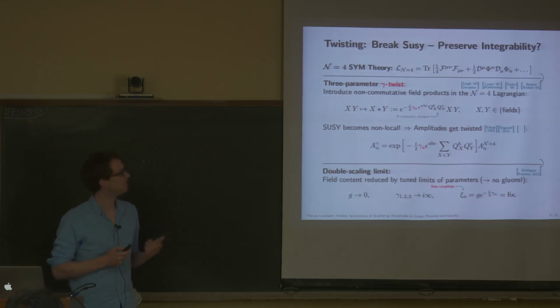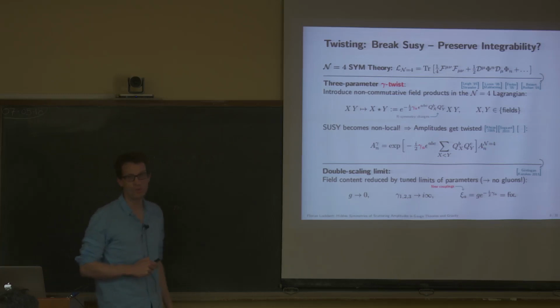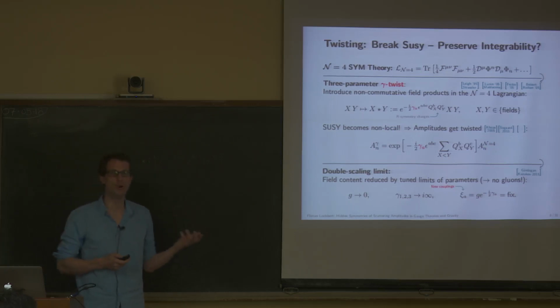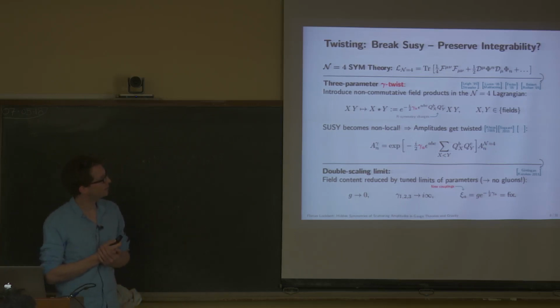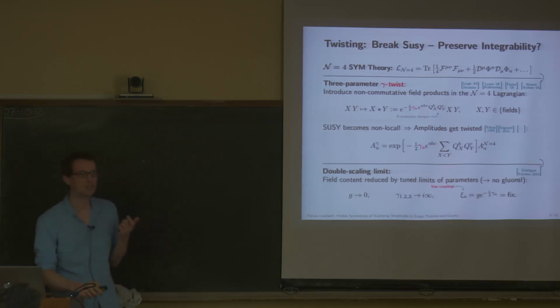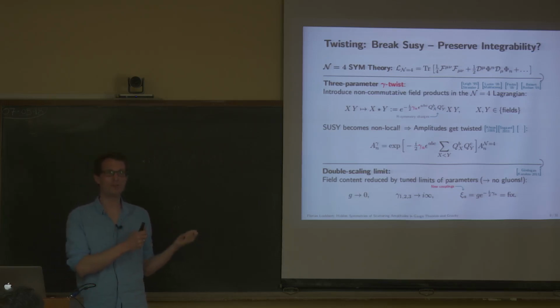For instance, on the scattering amplitudes, you already see this twist by writing these gamma-deformed amplitudes as such a bilocal twist factor times the original amplitudes. So doing this, you introduce some twist with new parameters gamma_a. And for the purpose of this talk, this is interesting because these parameters gamma_a can now be used to play with. So I can take particular limits in these parameters and maybe project out certain fields to modify the theory.